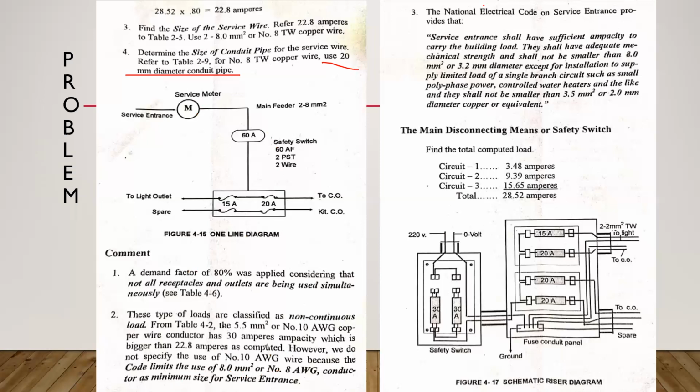Number 3, the National Electrical Code on Service Entrance provides that service entrance shall have sufficient capacity to carry the building load.